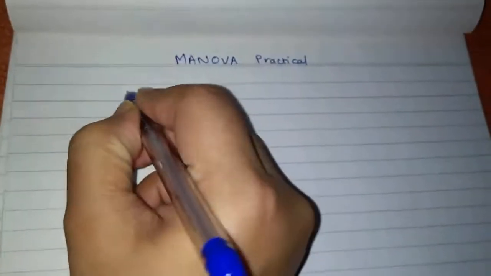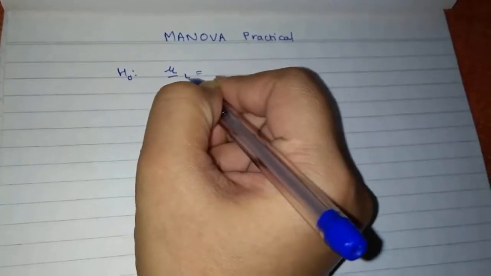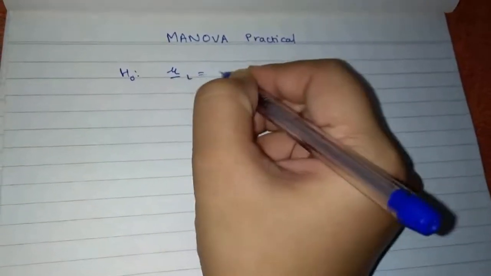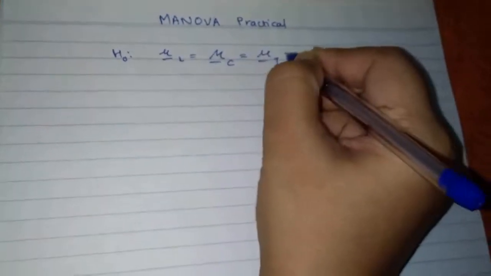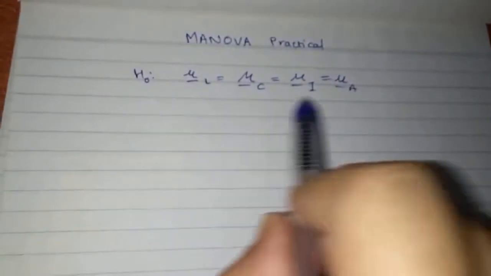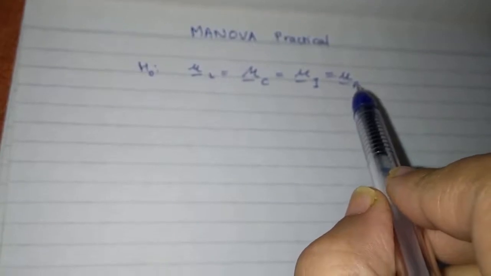That is, my H0 would be mu L, because the first site name starts with L, equal to mu C, C for Caldecott, equal to mu I equal to mu A, Ashley Rails. So this would be my null hypothesis, that all these 4 vectors are equal to each other.